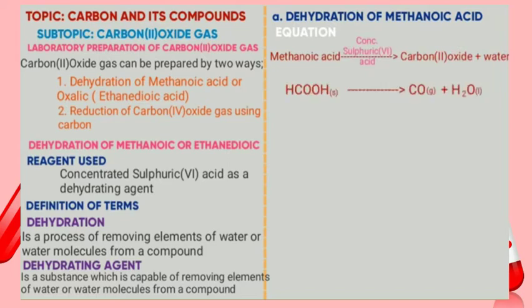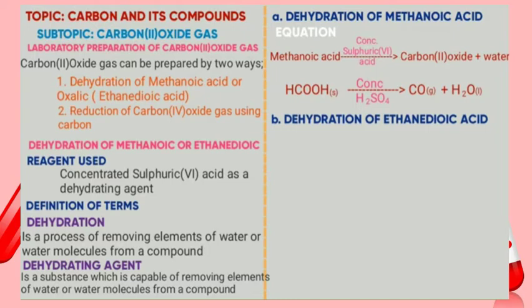The chemical equation is HCOOH solid, with concentrated sulfuric acid, gives CO gas plus H2O liquid. Now B is dehydration of ethane dioic acid, which is also called oxalic acid.